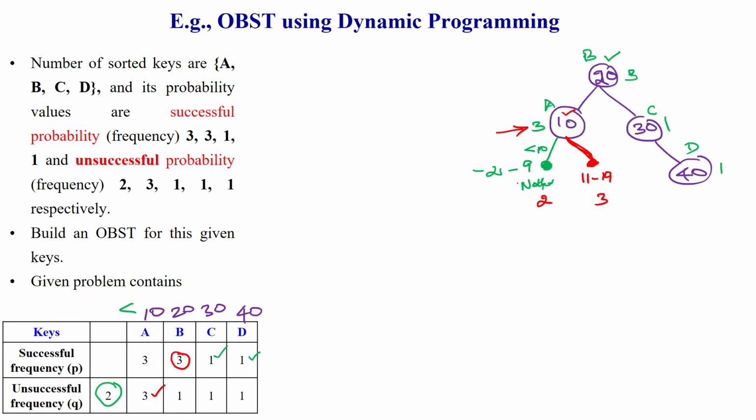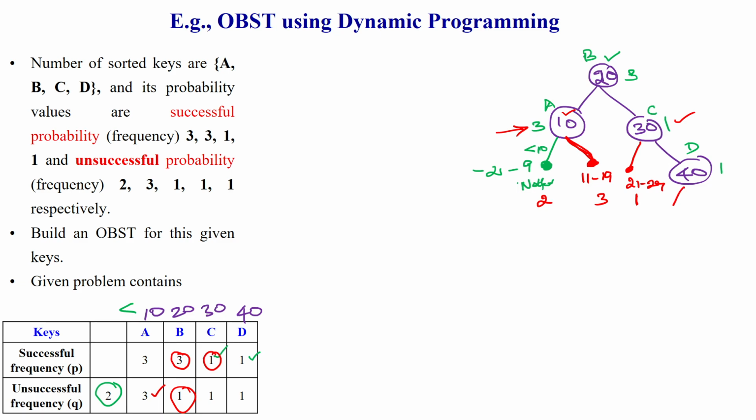Then likewise 21 to 29, which is less than the root value here, so the frequency value is 1. Then 30 is the successful frequency.